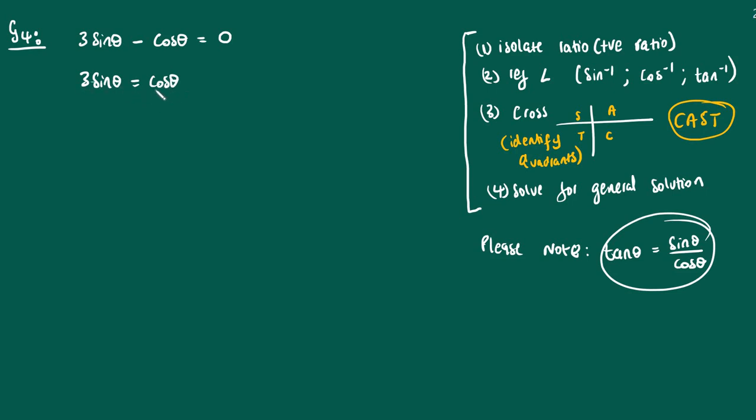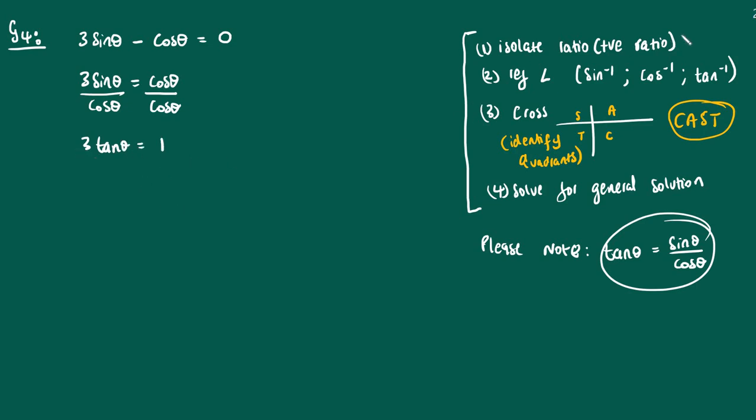We put them on both sides. Then you simply divide by cos theta both sides. You're always going to divide by cos so that you have sine over cos, so that you have 3 tan theta is equal to 1.